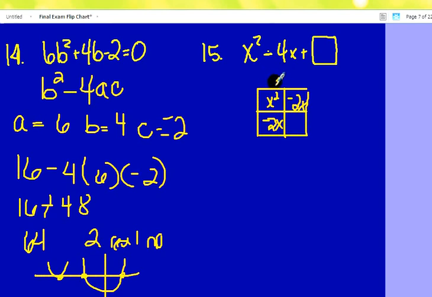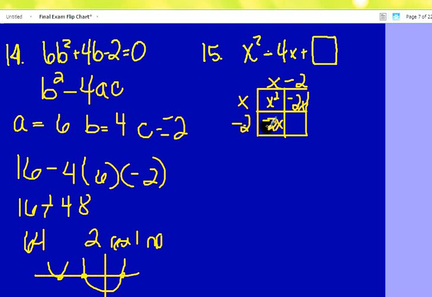So if I factor out the GCF in this row, I get x minus 2. When I do the same thing on this row, I get x, and really, this is going to be minus 2 because these two sides have to be equal. All right, x times x gives me x squared. x times negative 2 gives me negative 2x.